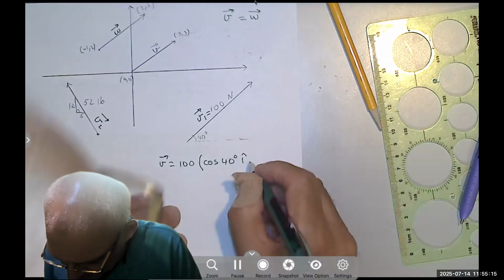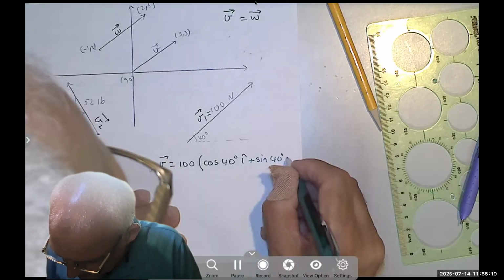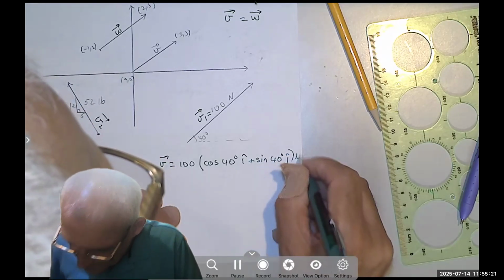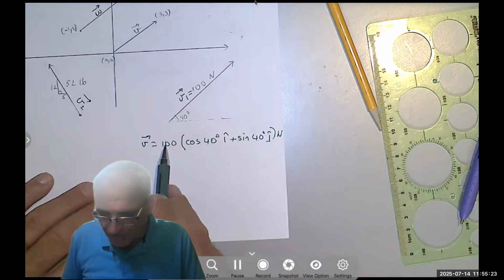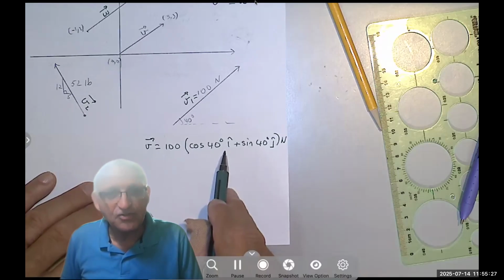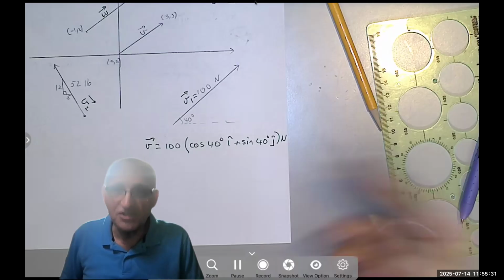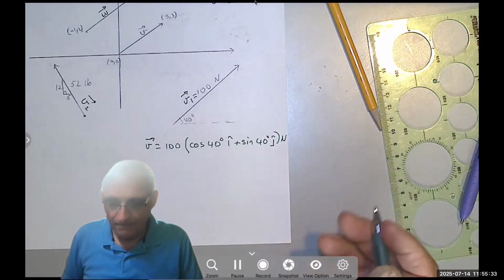Both are fine with me, it doesn't matter. Newton. Magnitude, direction. That's a unit vector. Why? Because its magnitude is the square root of cosine square 40 plus sine square 40, which is 1, square root of 1 is 1.